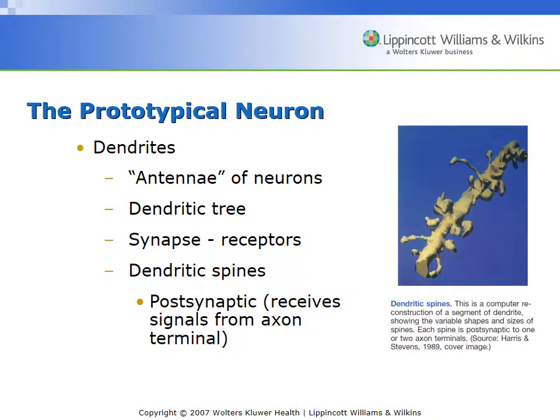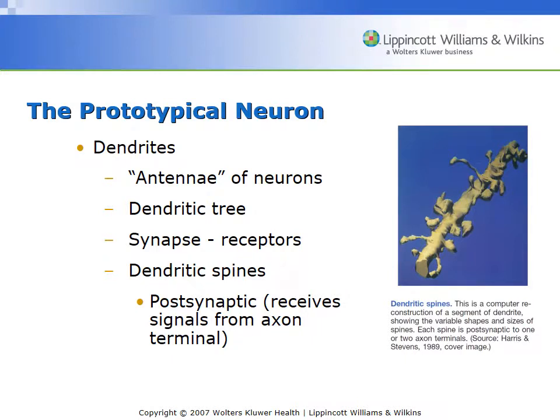So as such, the dendrites can be seen as the antennae for neurons to receive signal from adjacent axons.